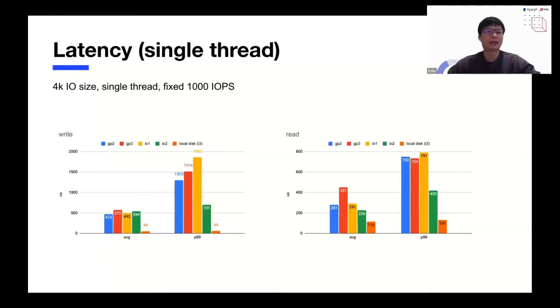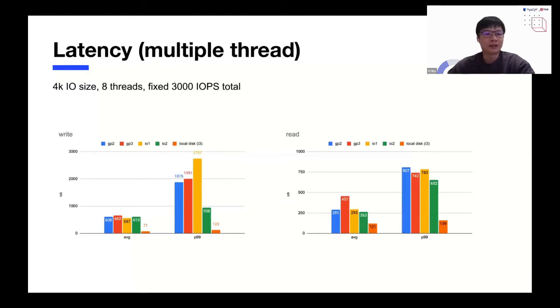Here we are showing a single thread FIO test with 4K IO and a fixed 1000 IOPS. We want to see the latency across different disk types, and here we can see that compared to all the EBS volume types, the local disk outperforms them in terms of latency by several times.